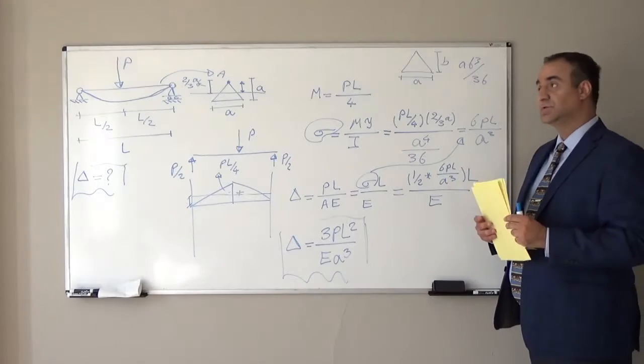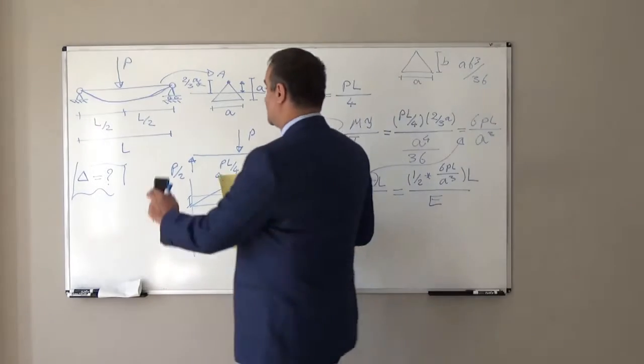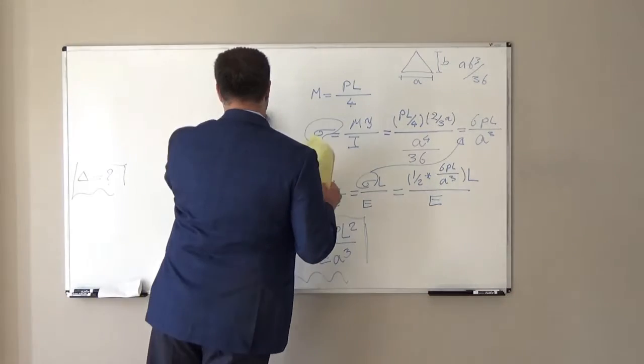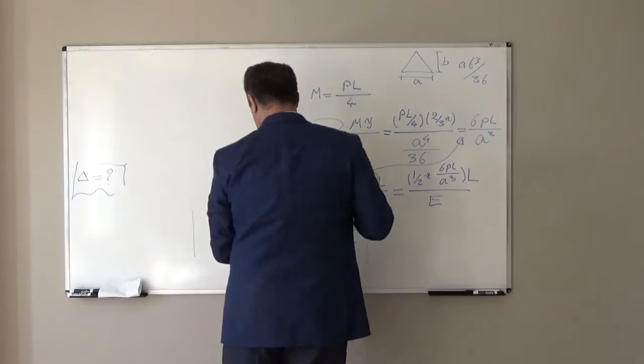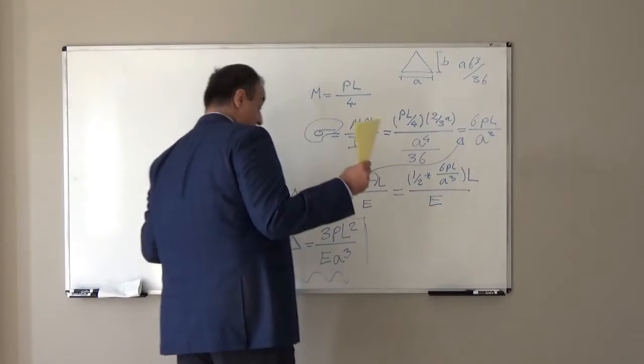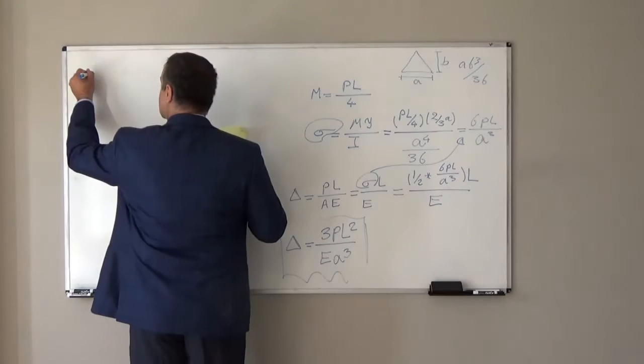Let's look at the second example. Assume we have a cantilever beam. A cantilever beam means we have a beam with a fixed support on one side, and the other side is free.